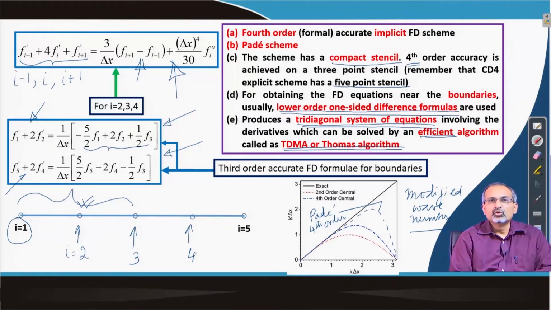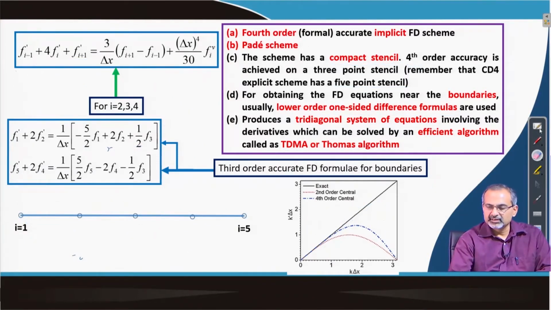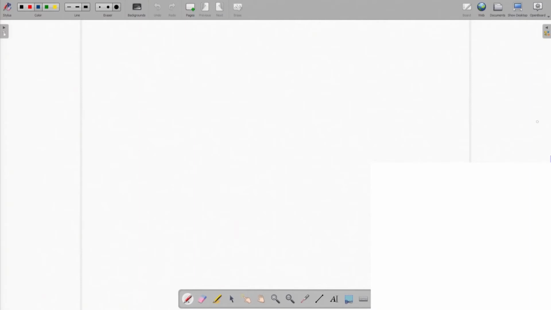However, we are not going about obtaining the expression for the modified wave number for this scheme. This can be attempted as a homework problem. We will just spend a little time discussing the matrix structure of this problem.